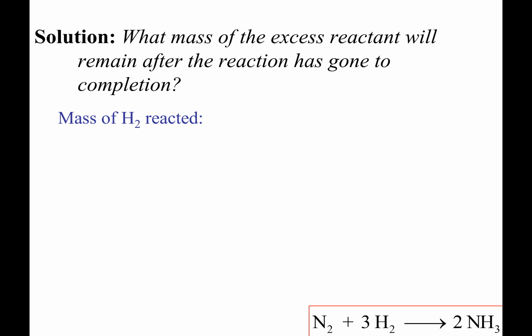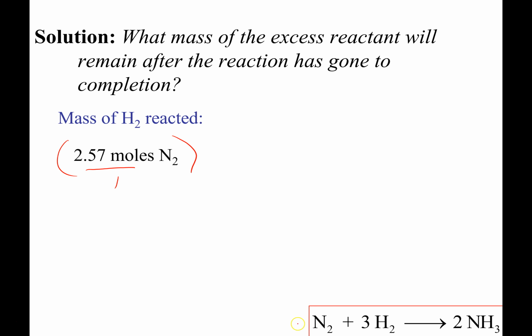So we need to use the limited supply reactant to find out how much of the excess reactant reacted. So we're going to use the moles of N2 that we had before. Earlier in the slide, we came up with 2.57 moles of N2. We're in the middle of a stoichiometric calculation. So what would the next term look like?